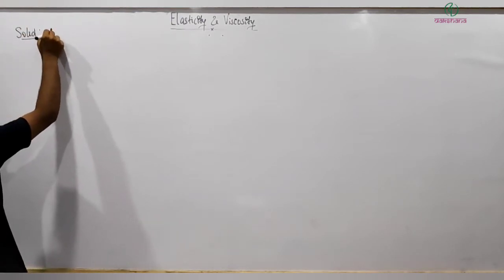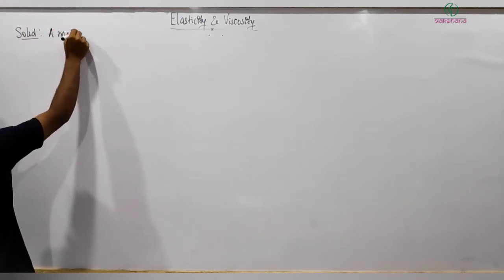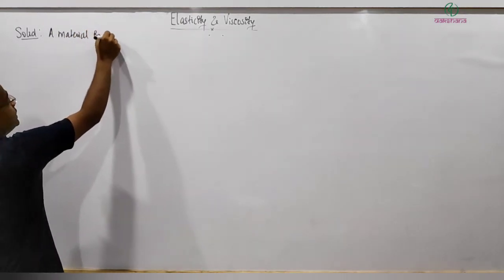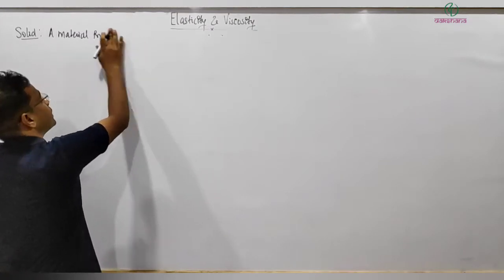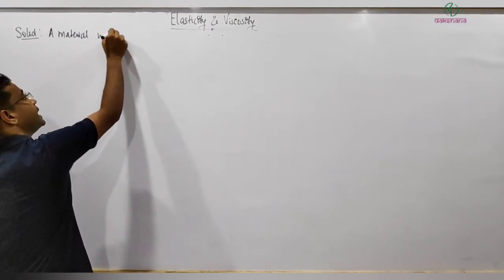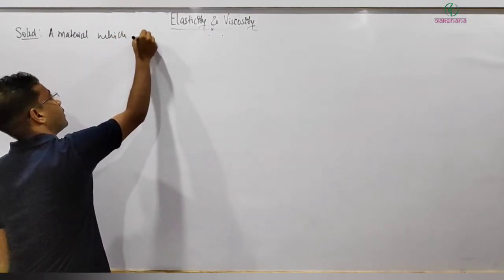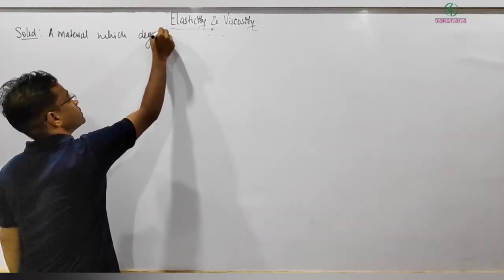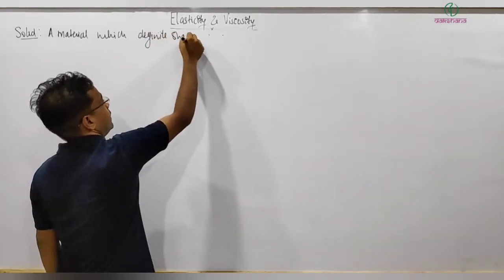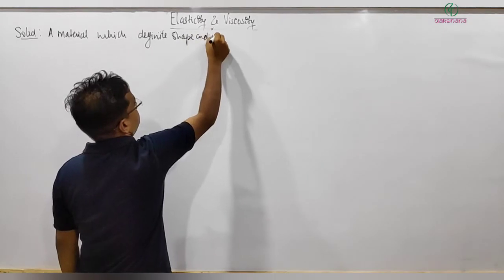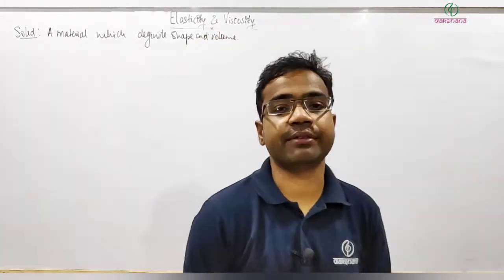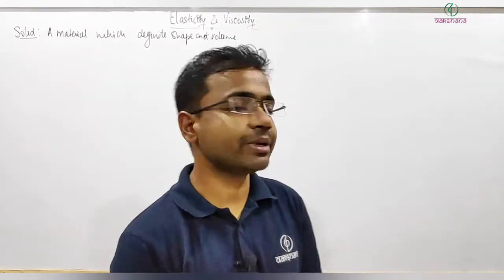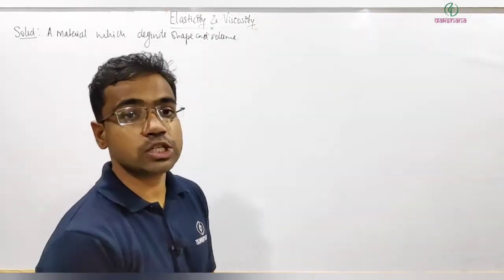Solids are a material which has fixed, definite shape and volume. That a material which is having definite or fixed shape and volume can be categorized as solid.